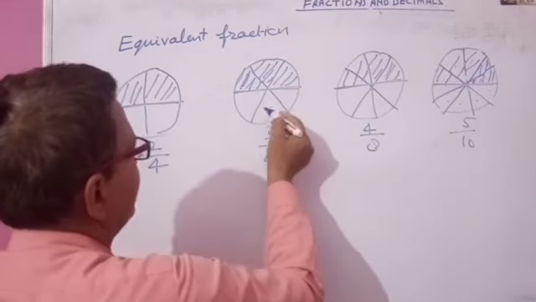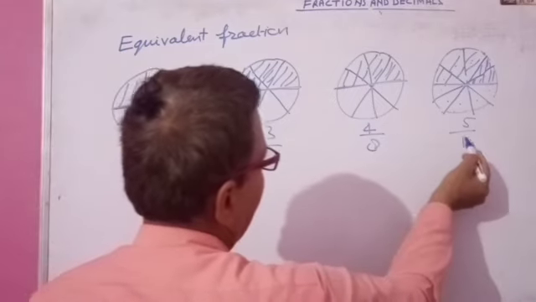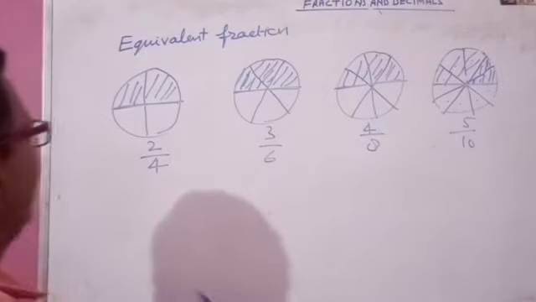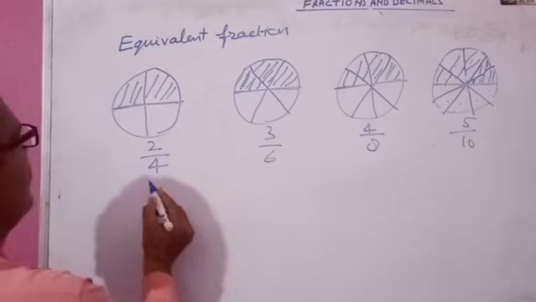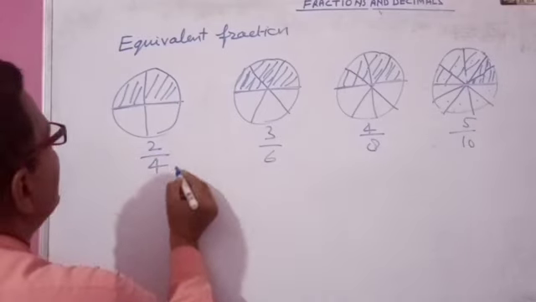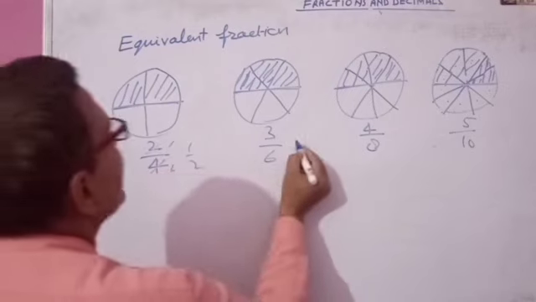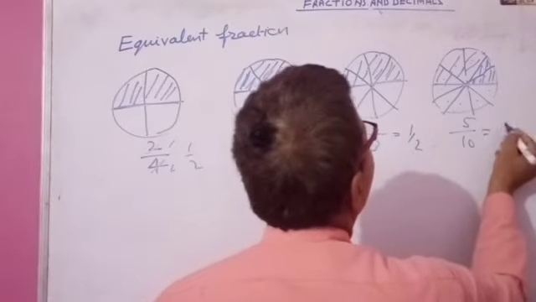Out of 6 parts, 3 parts are taken, out of 8 parts, 4 parts are taken, and out of 10 parts, 5 parts are taken. These all are equivalent fractions. If we make these into the simplest form, we get 1 upon 2: 2 ones are 2, 2 twos are 4, 1 upon 2. This is also 1 upon 2.